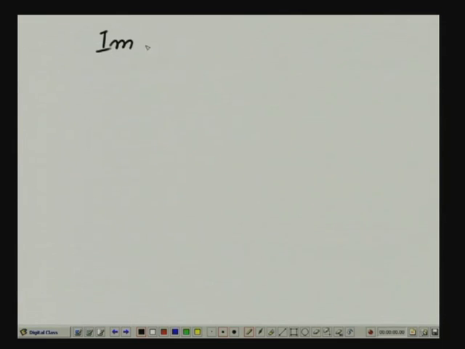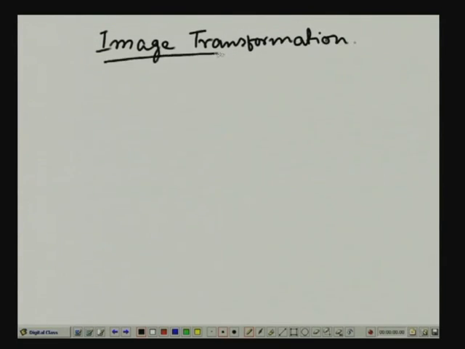So, our interest is in image transformations. Now, the same concept of representing a vector as a series summation of a set of basis vectors can also be extended in case of an image.